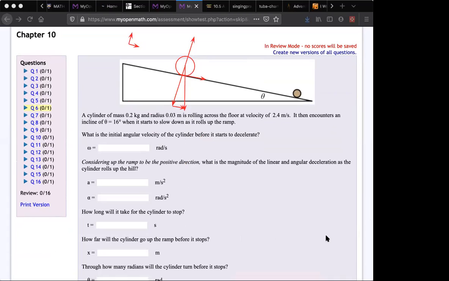So there's nothing to talk about with that. So we'll get rid of the friction. There is actually gravity pulling on this at an angle from the point of rotation, so gravity is also giving it some angular acceleration, I suppose.